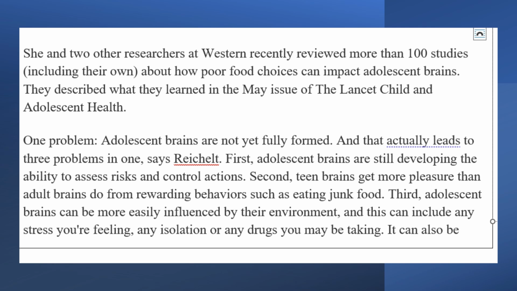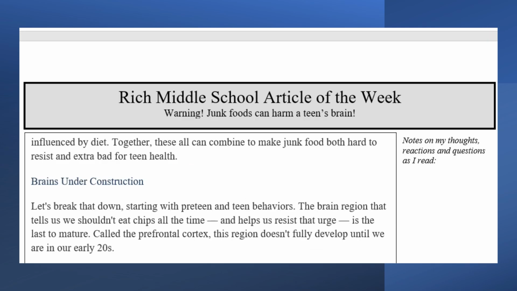Second, teen brains get more pleasure than adult brains do from rewarding behaviors such as eating junk food. Third, adolescent brains can be more easily influenced by their environment, and this can include any stress you're feeling, any isolation, or any drugs that you may be taking. It can also be influenced by diet. Together, these all can combine to make junk food both hard to resist and extra bad for teen health.